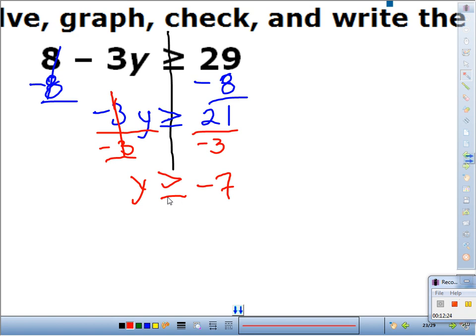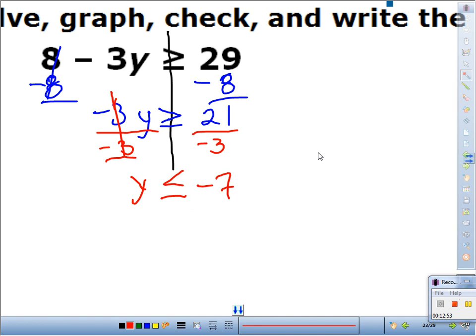Tell your neighbor what happened there. Katya. You're supposed to switch the sign because you're dividing by a whoa. What happened to my sign? Okay. Because it's a negative.